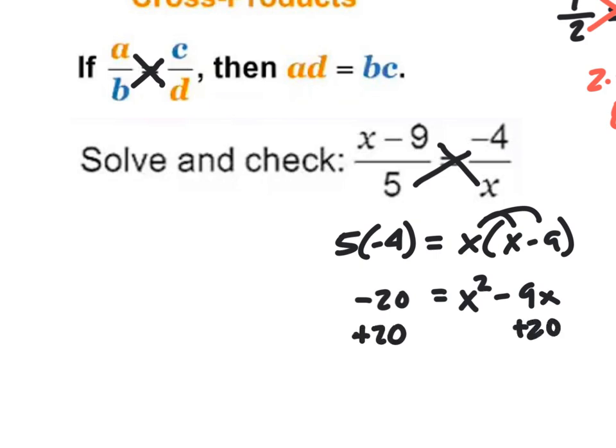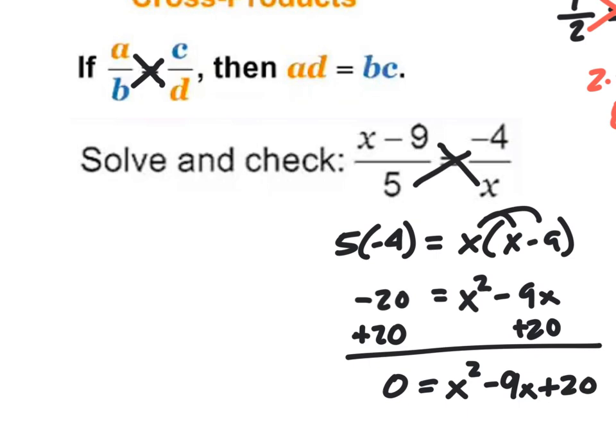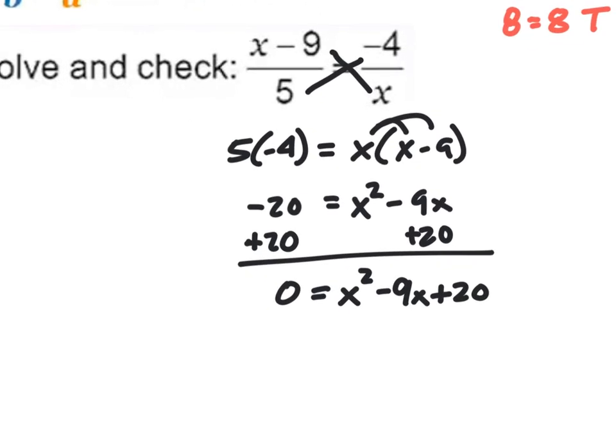What I want to look for is to see if I can factor this, and if I can't factor it, then I'll do the quadratic formula. But if I take a look at this, two numbers that multiply to 20 but add to -9 are -5 and -4. So then we get x minus 5 times x minus 4.